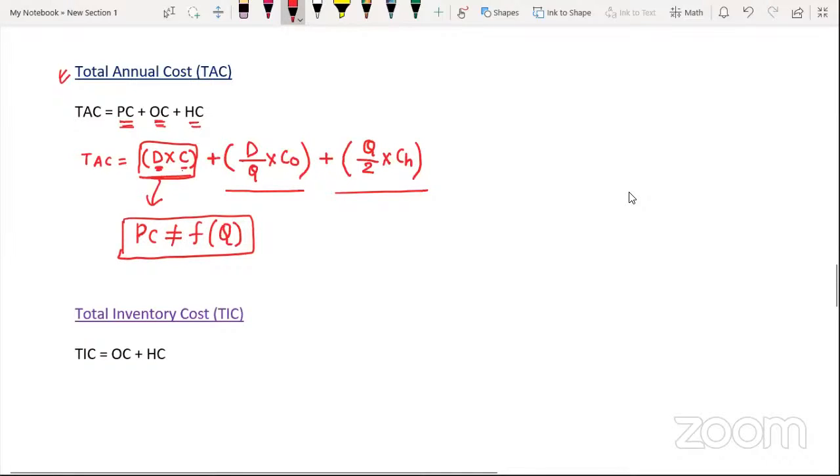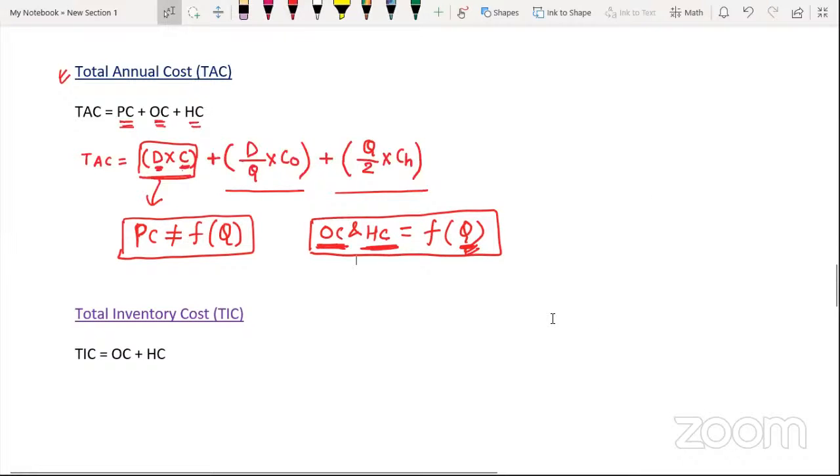So the purchase cost is independent of Q because it depends on per unit, not on per order. But ordering cost and holding cost are both functions of Q. If you change the amount of Q, ordering cost and holding cost both will change.